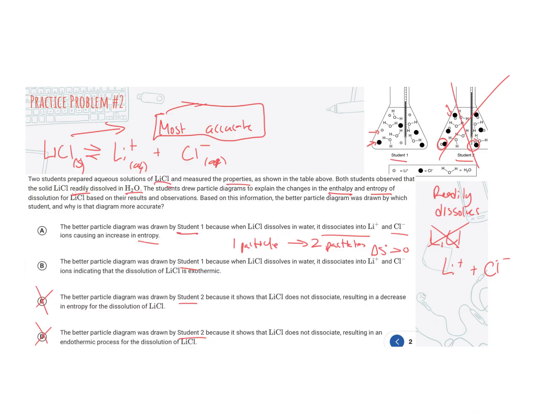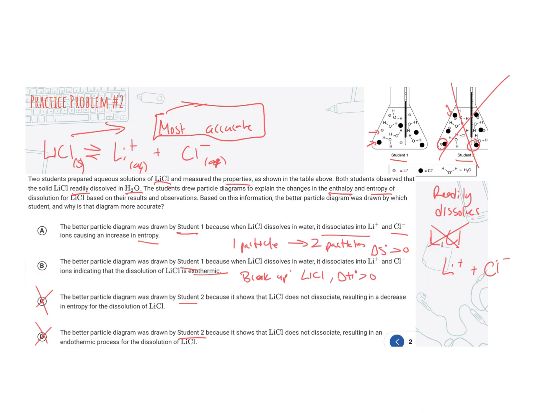B says that when LiCl dissolves in water, it dissociates into Li plus and Cl minus, which is true, indicating that the dissolution of LiCl is exothermic. This is not necessarily true because remember, to break up LiCl, delta H must be positive.